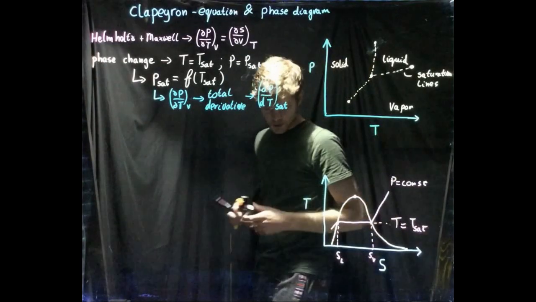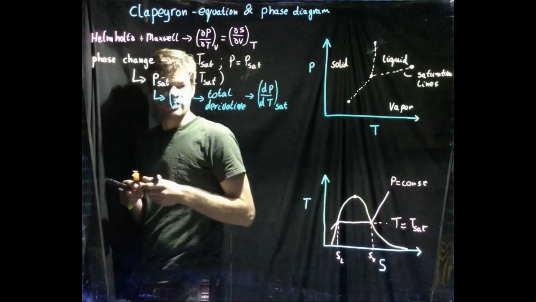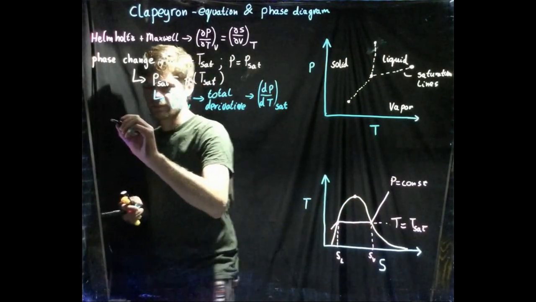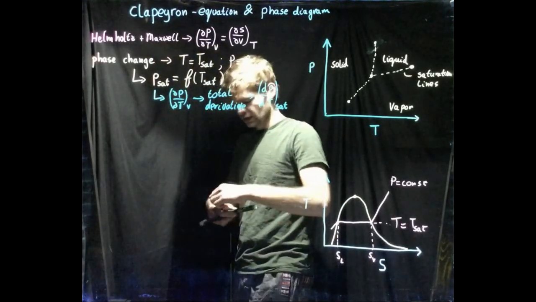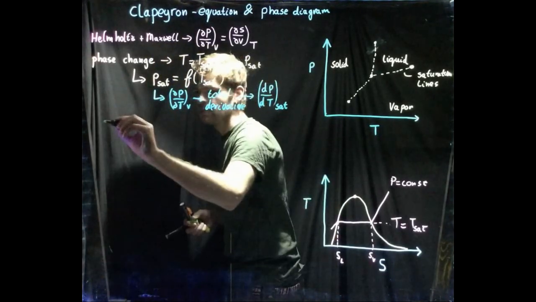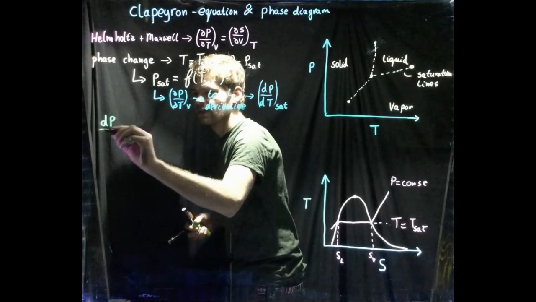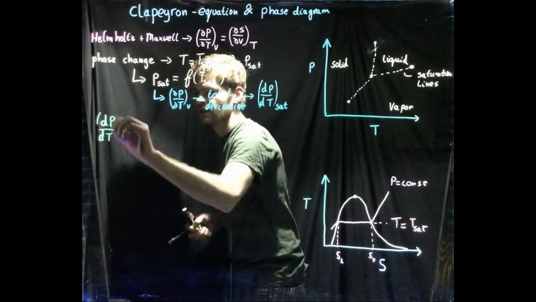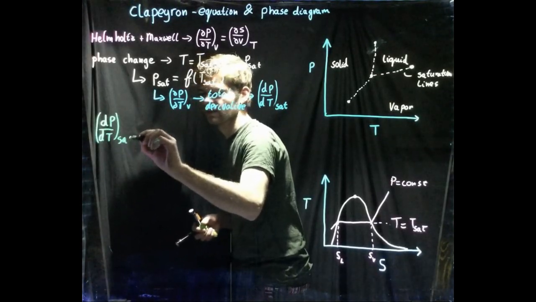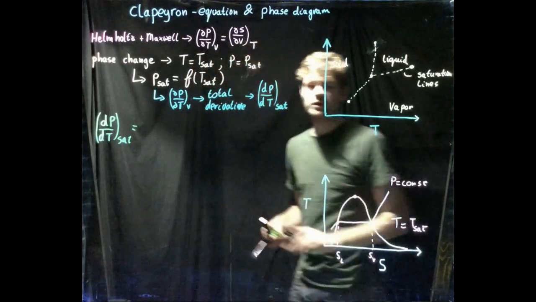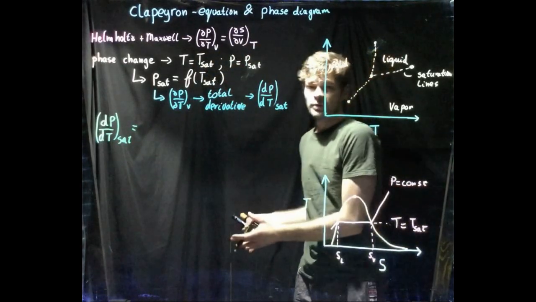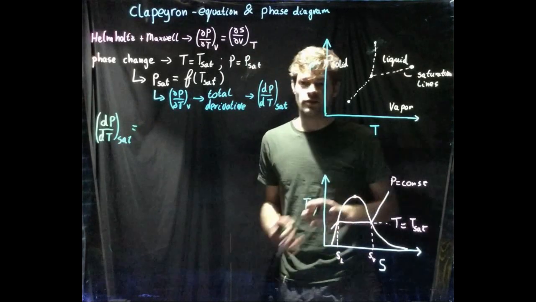Because when we look at the saturation line, you can say that dP over dT at this saturation line is equal to the difference in entropy divided by the difference in specific volume.